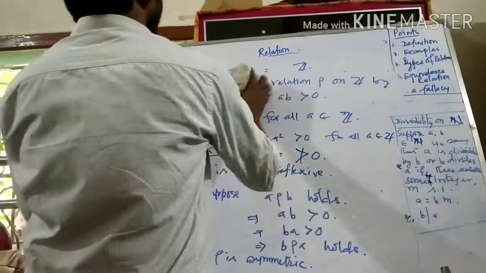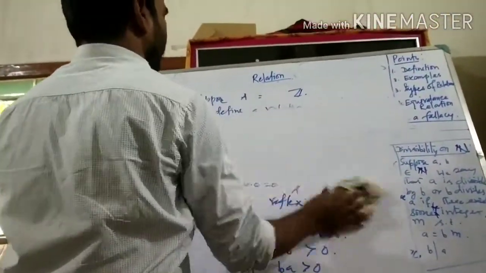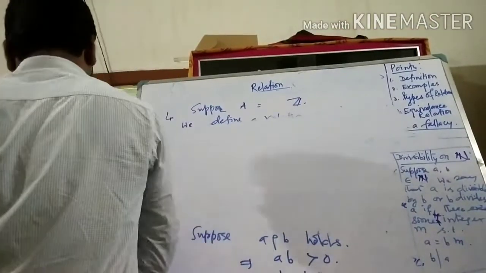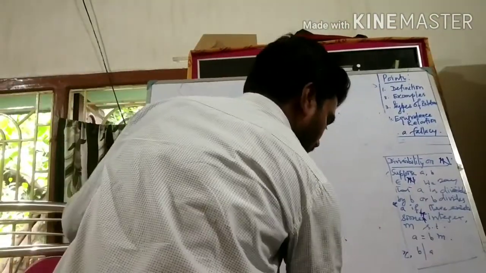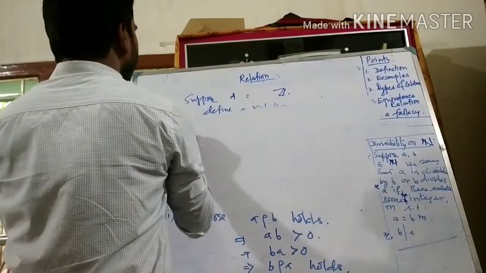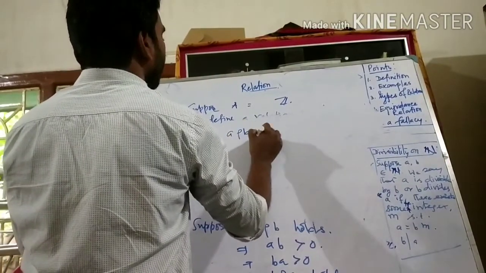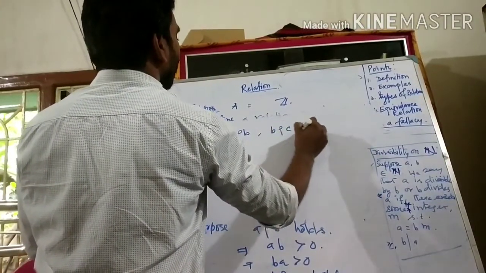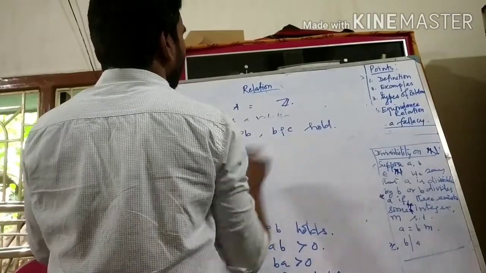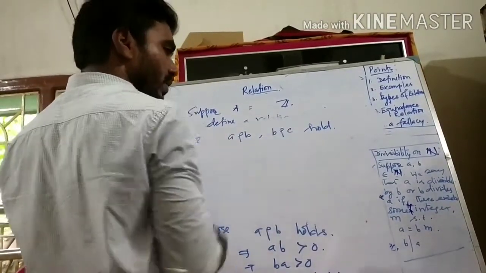Now for transitiveness. Suppose A rho B and B rho C hold. For transitiveness, you have to show that A rho C holds.